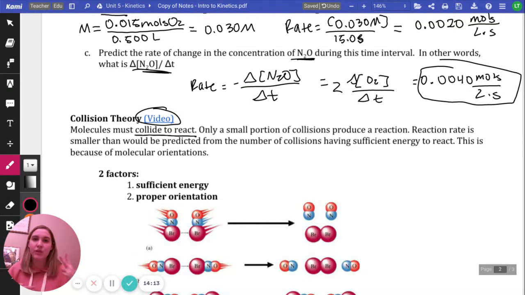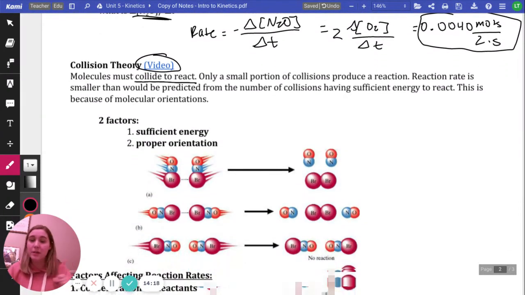And that's because there's really 2 factors that are important in those collisions. Number 1, the molecules must collide, but they must have the proper amount of energy for a reaction to actually take place, and they must be properly oriented. So our molecules must be turned the right way so that when they hit, they are able to react. All right, so they have to have the proper energy and they have to have the correct orientation. That's collision theory. So molecules must collide with proper energy and proper orientation.